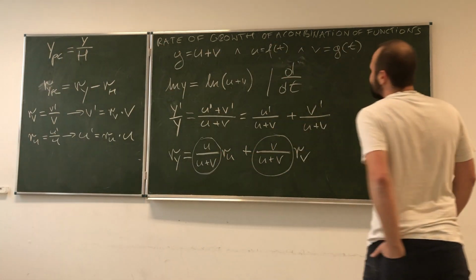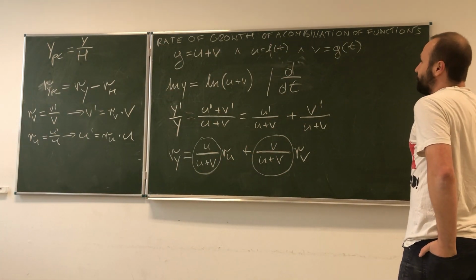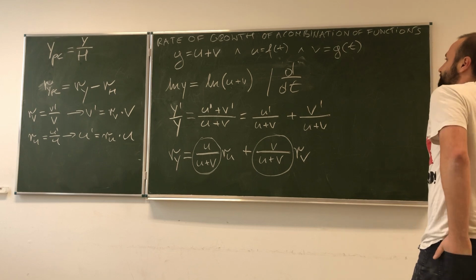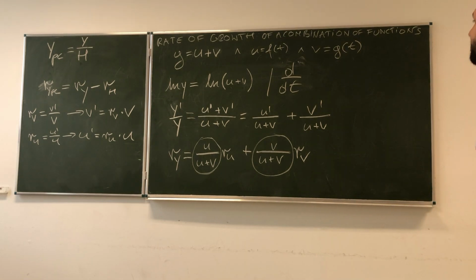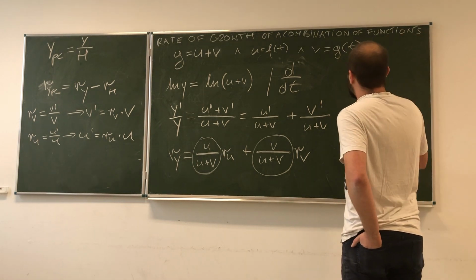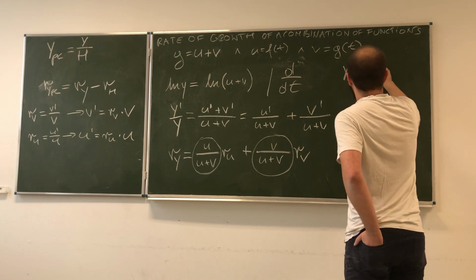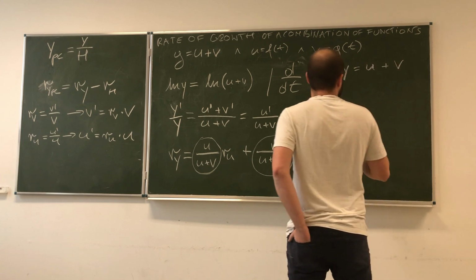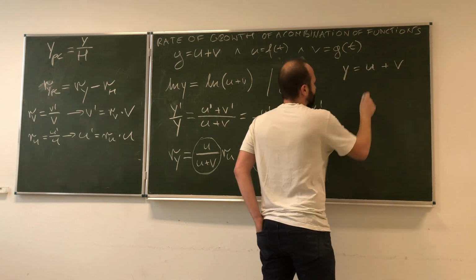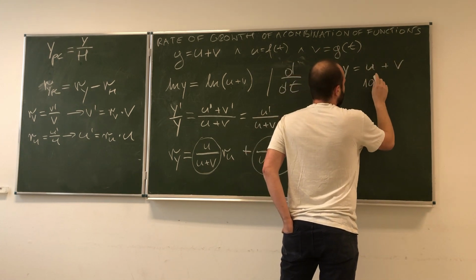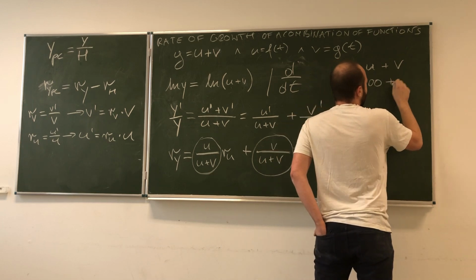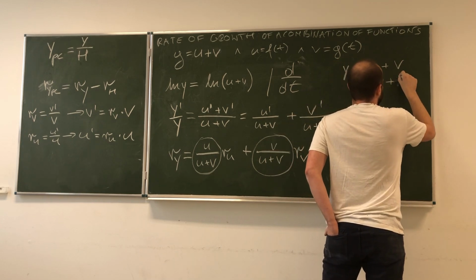Let's say that we have a situation like this. Let's say that y is equal to u plus v, and at some moment u is equal to 100 and v is equal to 10.